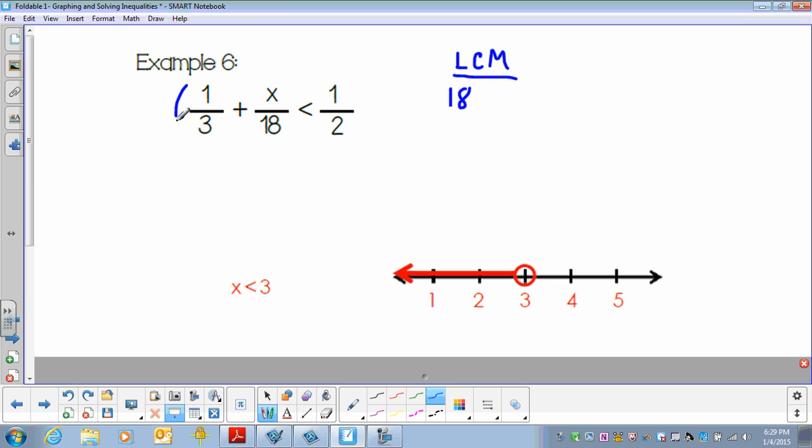So now I'm going to multiply each term by 18. So 18 over 3 is 6, plus 18x divided by 18 is x, is less than 18 divided by 2, which is 9. Now I'm just going to subtract 6 on both sides, and x is less than 3.